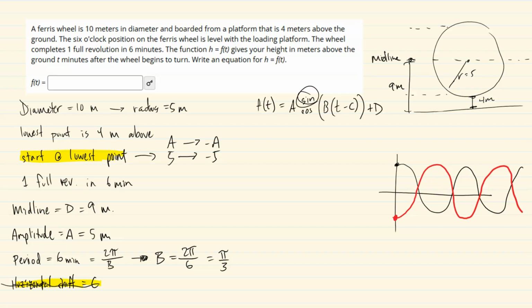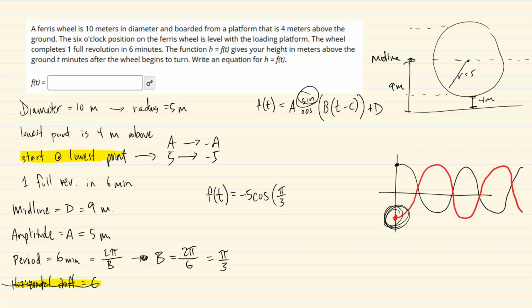So putting all this together, we would get the function f of t equals -5 cosine. So that just tells us that the cosine function is starting at the lowest point right there instead of the top point. And then we would have the b value. The b value is pi over 3.